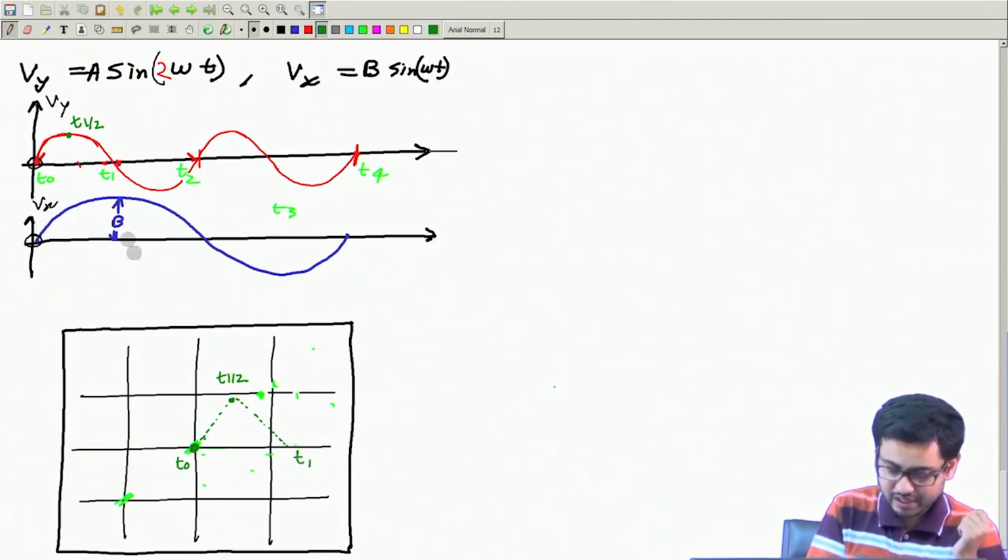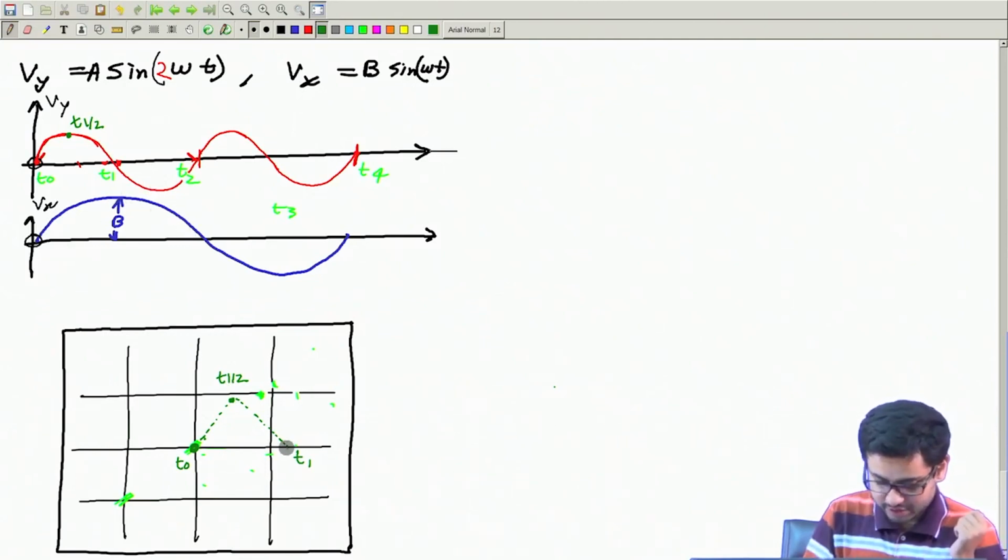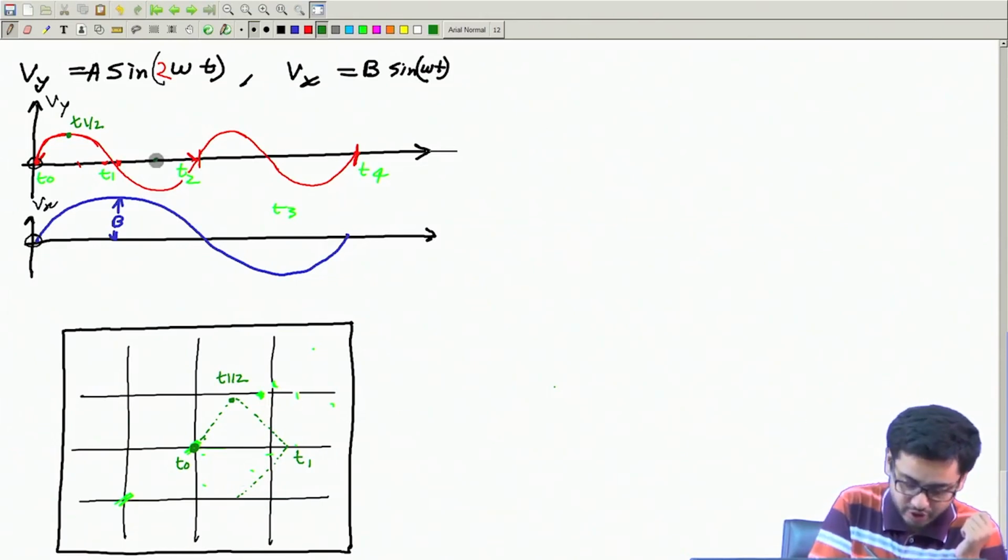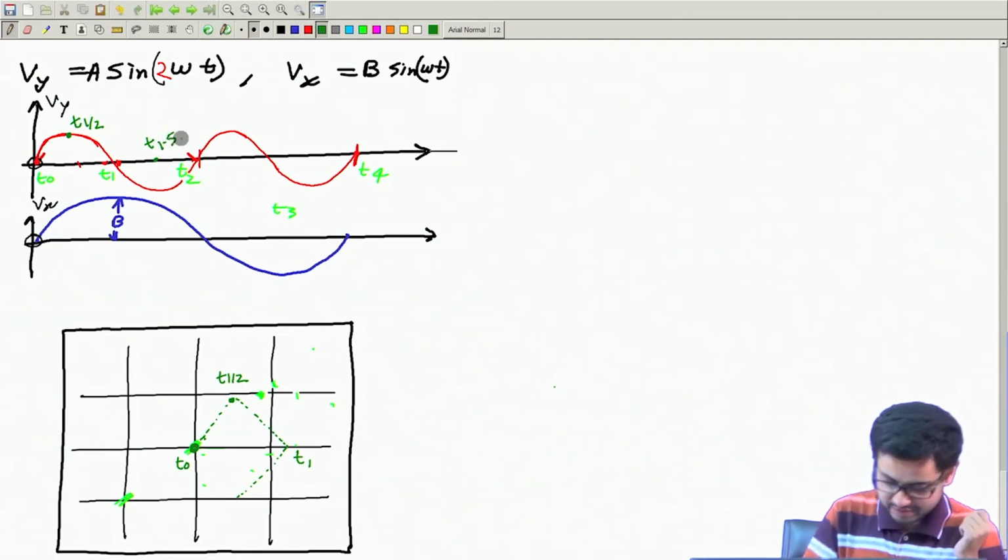After t1, what happens? We go down and x position also decreases, so we will go down like this. Here we will have this point, call it t 1.5.